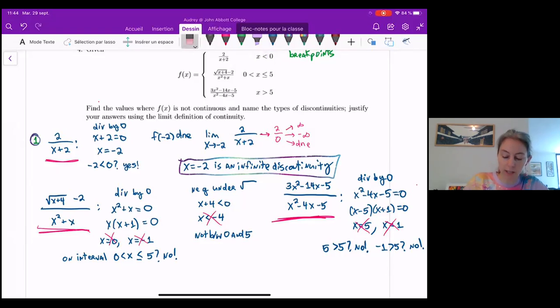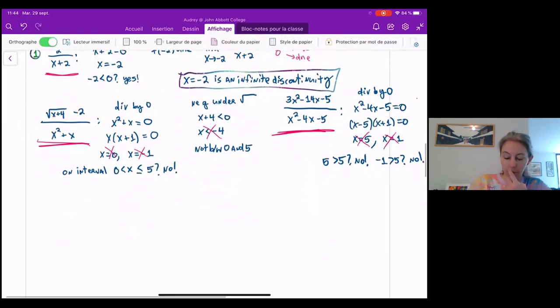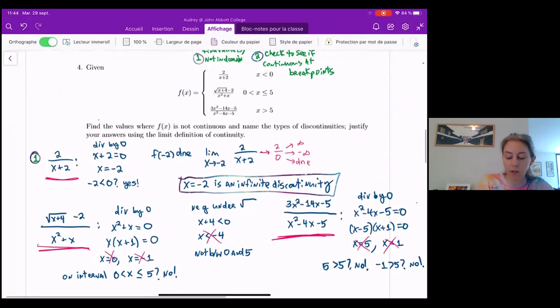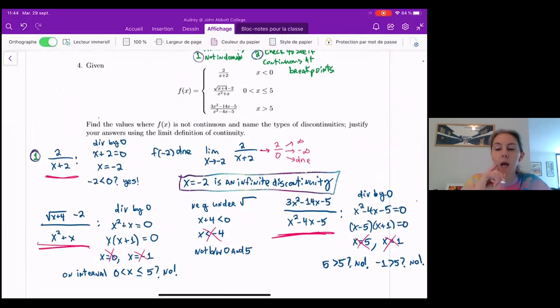So this brings us to our second step, which is to check the breakpoints. Well, it should be noted that 0 is actually also not in the domain of this function, because I can see that there is no equal to 0. So it's not in the domain, but that doesn't change how I'm going to approach this. It's a breakpoint, which means I need to look at the left limit and the right limit.